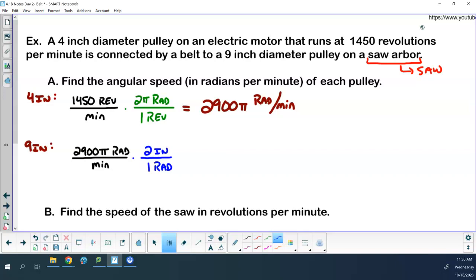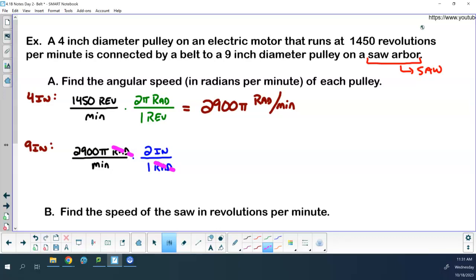Okay? Then, side note, it will help you to do your crossouts. So I'm on the belt now. That's my linear speed. Because I'm on the belt, I can go to the other pulley.